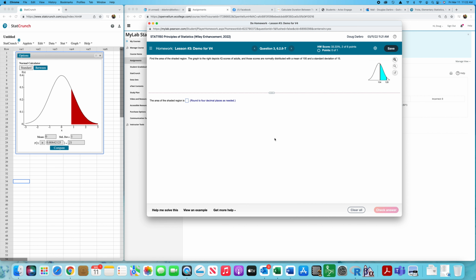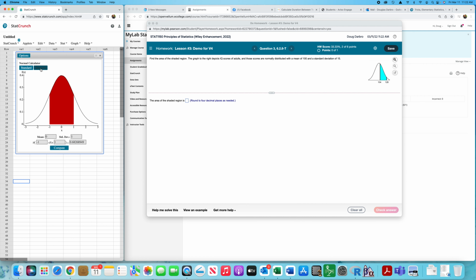All right, next question, find the shaded region. So we have IQ scores, mean of 100, standard deviation 15. And we need the area between, so between applies. So let's put in the correct mean. Put in the correct standard deviation.